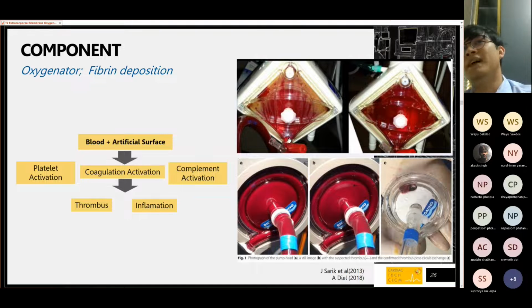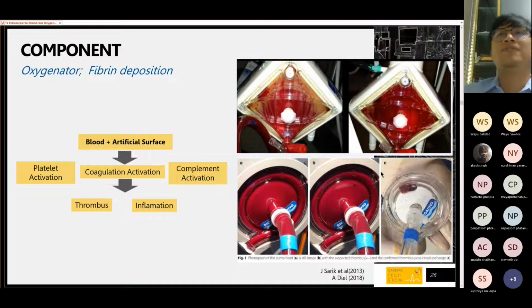So you can see after running ECMO, there is some clot inside the circuit, and you can also see here, during running the ECMO from here to here, a much darker zone inside the ECMO oxygenator, which shows thrombus embolism might occur in this case.